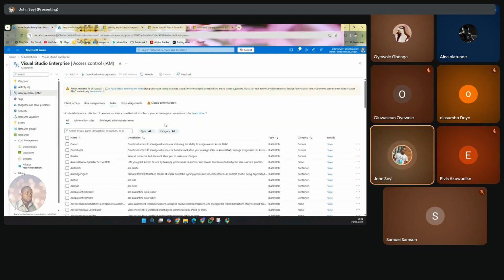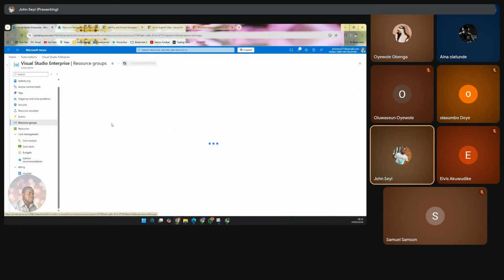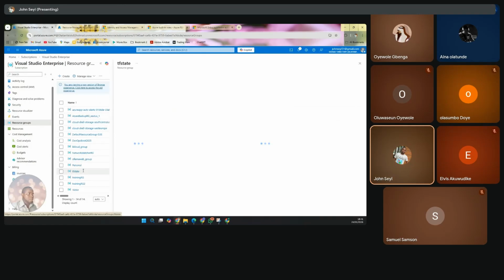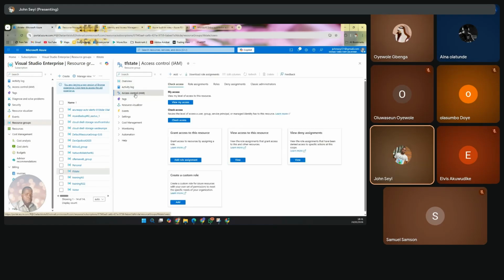You can assign roles also on a resource group. For instance, let me pick a resource group here. Okay, this resource group TF state. I can assign a role. You can see it. I can assign a role on this resource group. I can give you a permission as a contributor to this particular resource group.